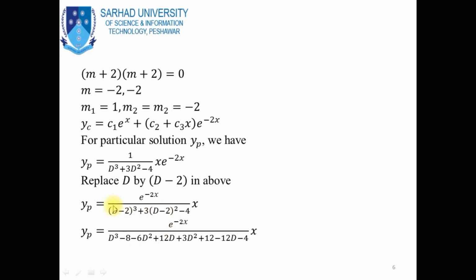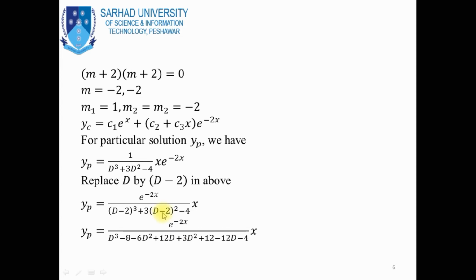And we can say that actually the value of b is minus 2. So using the formula we obtain d cube minus 8 minus 6d square plus 12d.